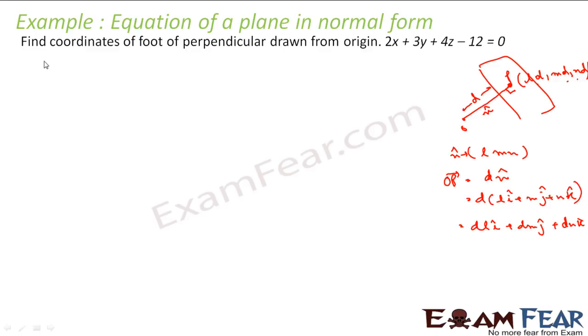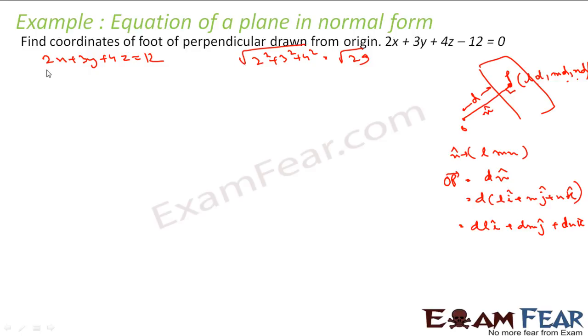So the equation is 2x plus 3y plus 4z is equal to 12. The coefficients are 2, 3 and 4, so the root of 2 square plus 3 square plus 4 square is root 29. I'll divide everything by root 29.